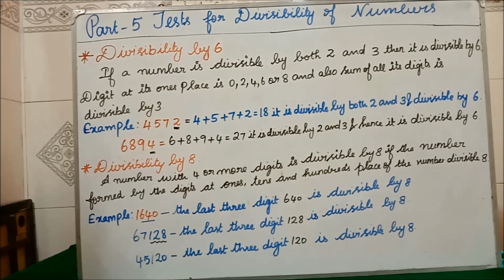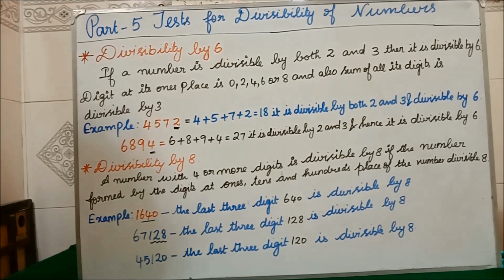This is applicable only for 4-digit and larger numbers. For 1, 2 or 3 digits, you have to do actual division only.